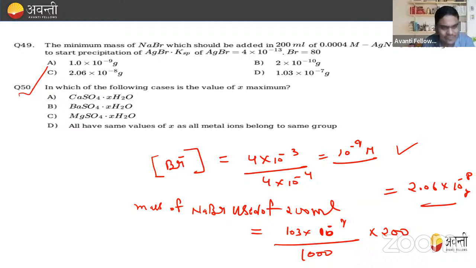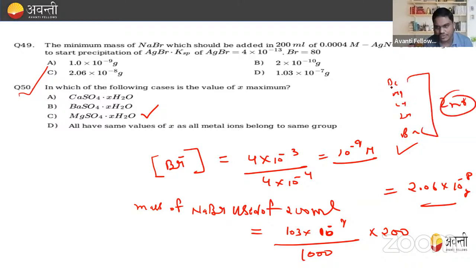That is, we know that for C, that is this one for MgSO4, x is 2. We know that the greater the charge density, the greater is the hydration. So if I'm talking about the second group, we know that magnesium has more charge density as compared to calcium and barium, right?